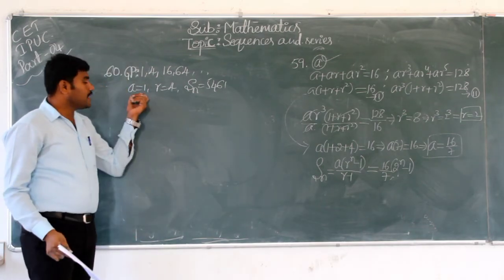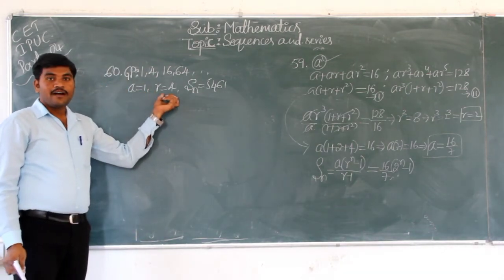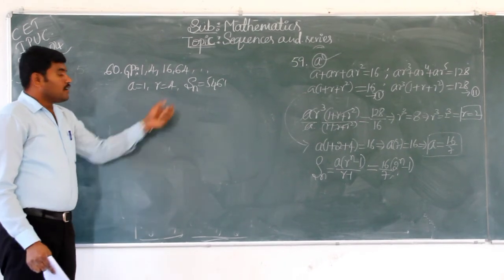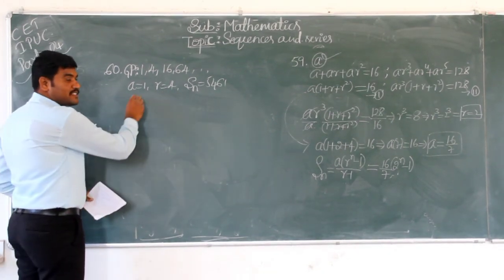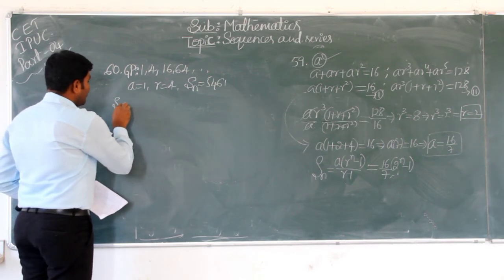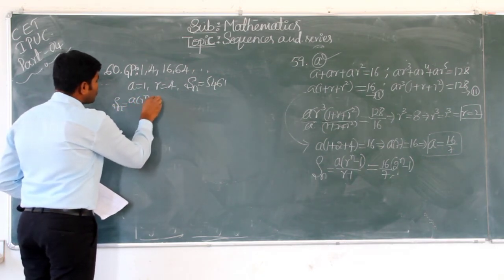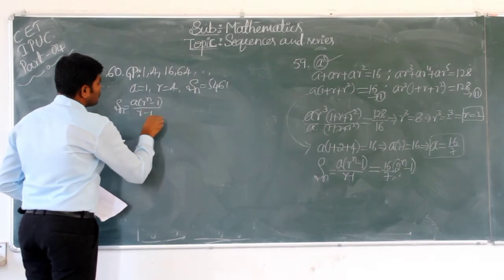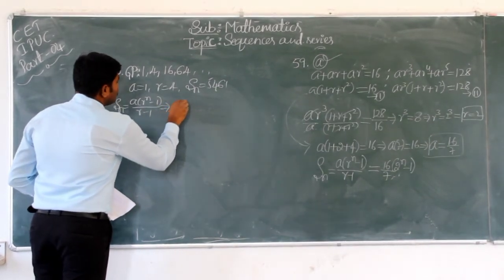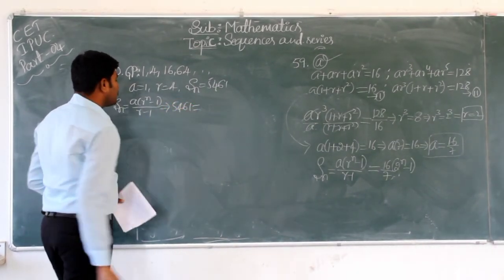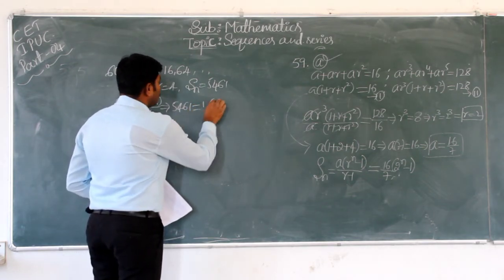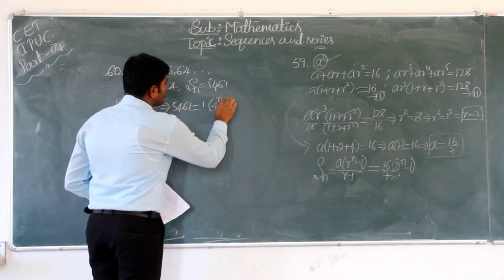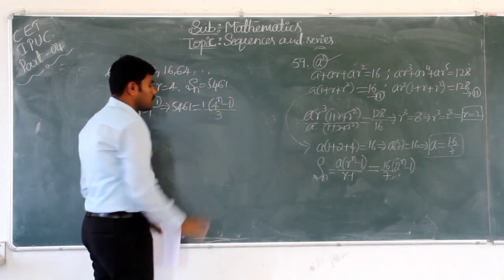Observe carefully. Here a is 1, r is 4. 4 is greater than 1, right? Again, we are just going to use the formula Sn is equal to a into r to the power of n minus 1 upon r minus 1. See, 5461 is equal to a, means 1, r means 4 to the power of n minus 1 upon 4 minus 1, 3.